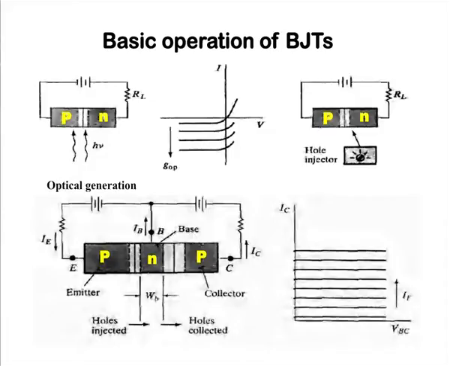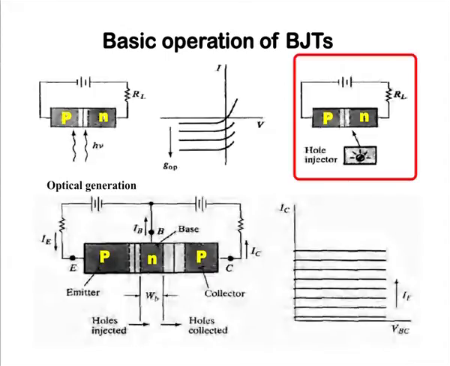The same concept applies in the right-hand figure, if you take a hypothetical hole injector and inject holes near the depletion region on the N side. The electric field is from N to P, so these holes will move from the N side to the P side.